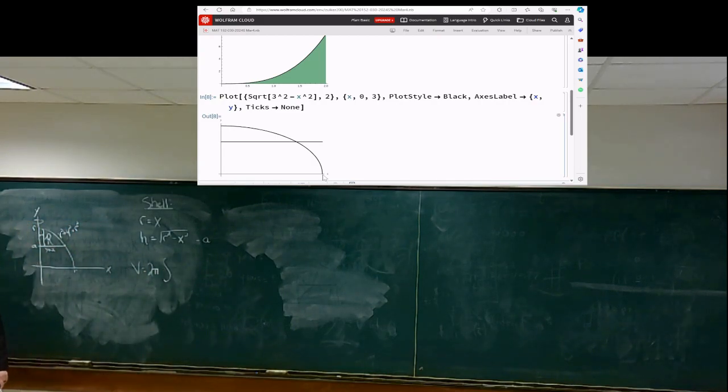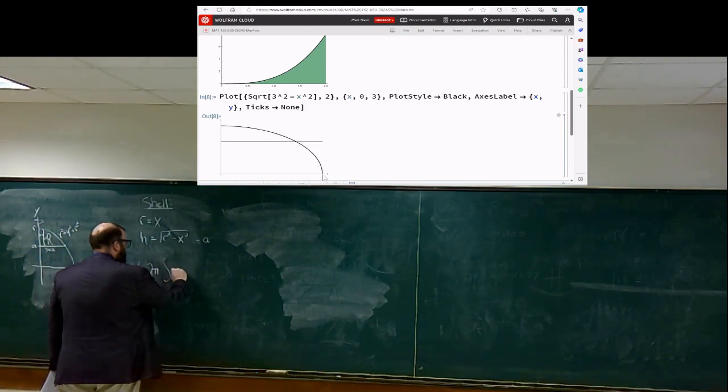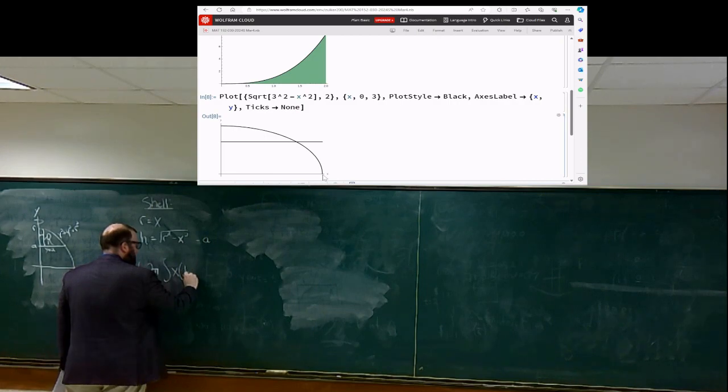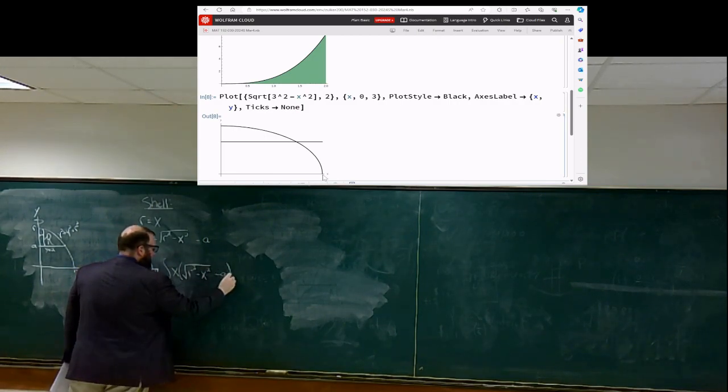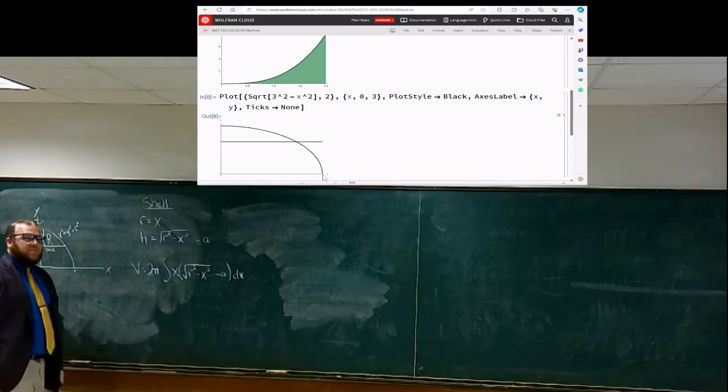Volume would be 2 pi times the integral of r times h dx.